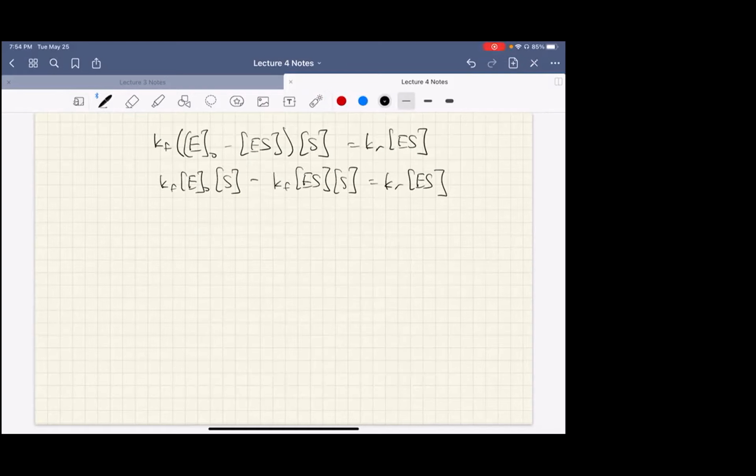And then if we solve for ES, now just a second here, why are we doing this and where are we going?